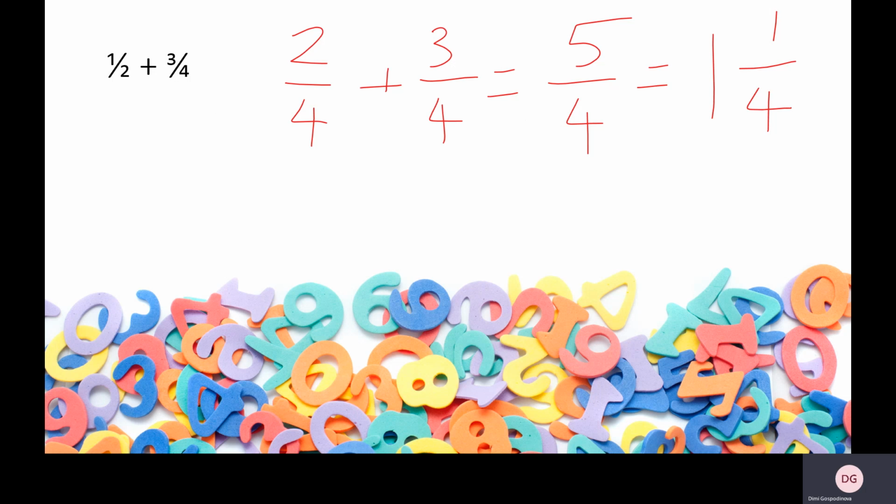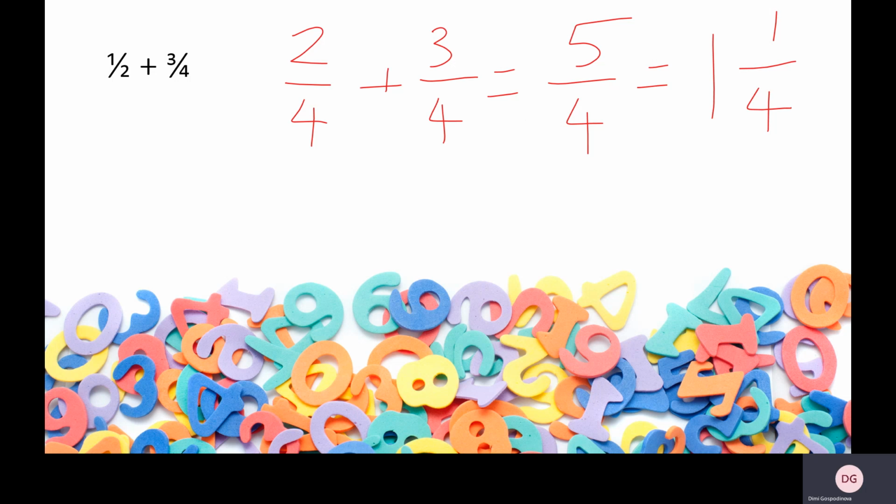Then 1/2 and 3/4 are obviously different denominators, so we need to find the common denominator. In this particular case, it will be 4, because 2 goes into 4. And after that, when we know that the common denominator is 4, what we need to do is to convert a half into an equivalent fraction, which is very important, that has a denominator of 4.